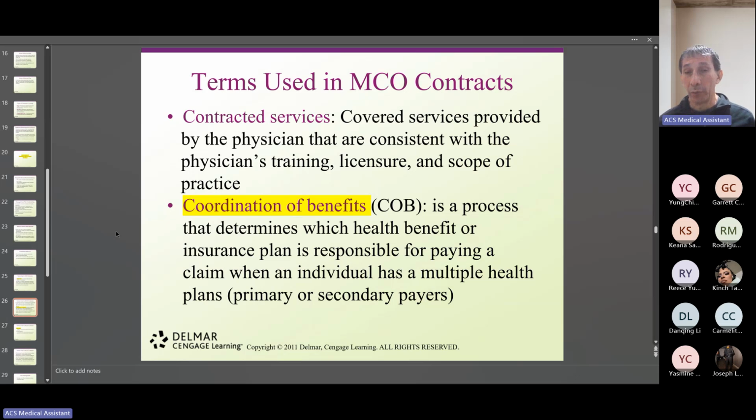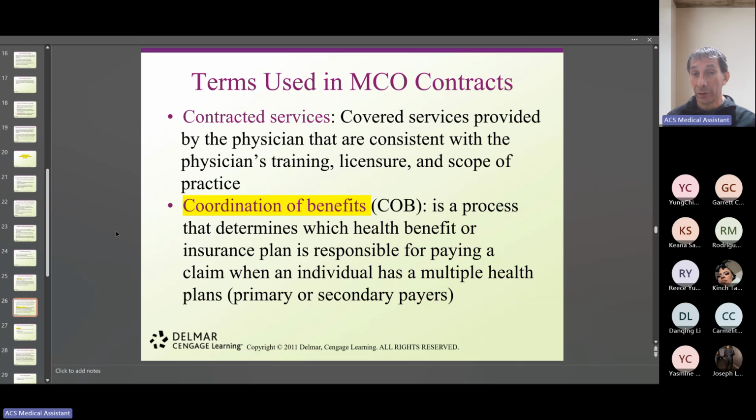Now, if you have both primary and secondary, the secondary might be a secondary insurance that you purchase or your spouse's insurance. Both of you have insurance. So one is going to be the primary, the other one is going to be the secondary. When we coordinate benefits, we see who is going to pay for the services.